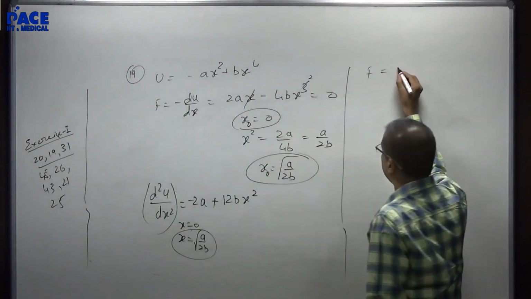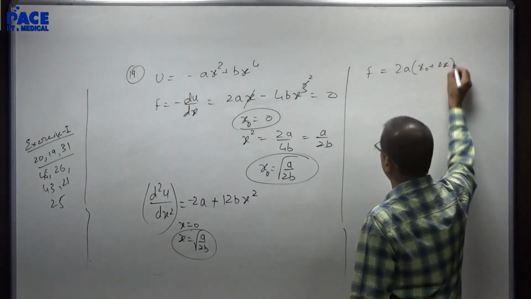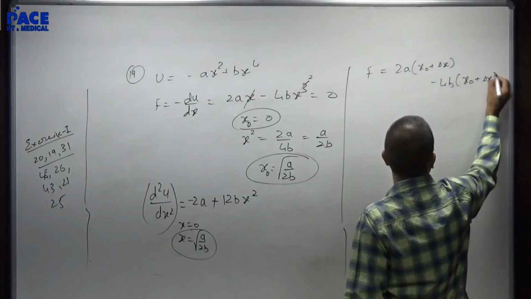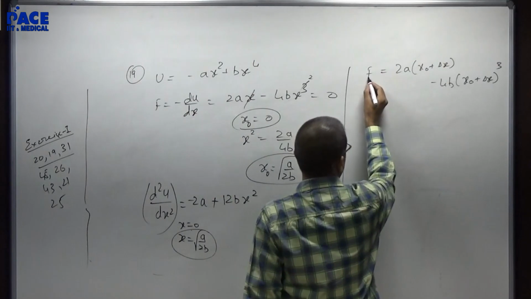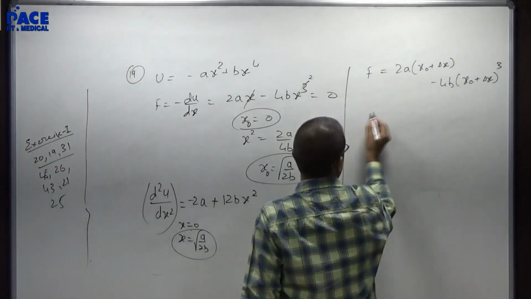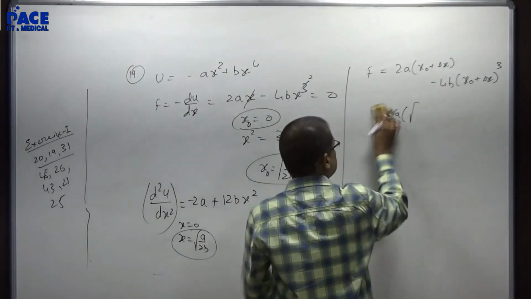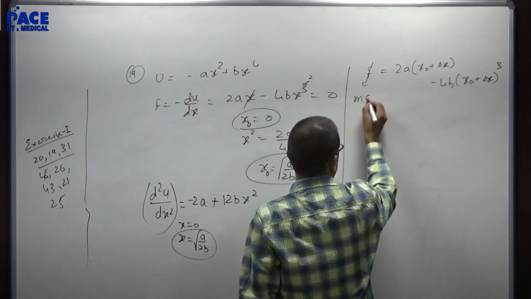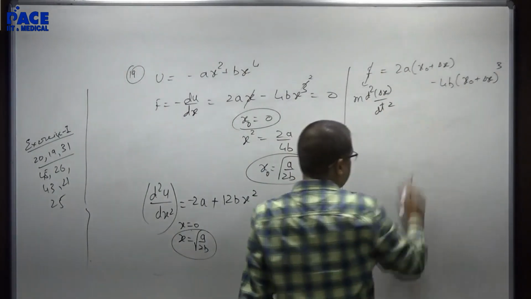Now f is equal to 2a into x naught plus delta x minus 4b into x naught plus delta x whole cube. Am I right? Now this will be equal to mass into acceleration. So this will be 2a x naught, and in the last step you can substitute the value of x naught. Equate this to mass into d2 delta x by dt square. Simplify that, you get the answer.